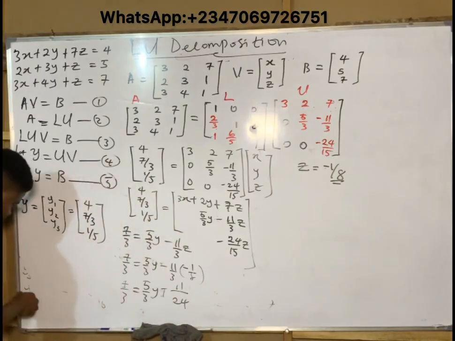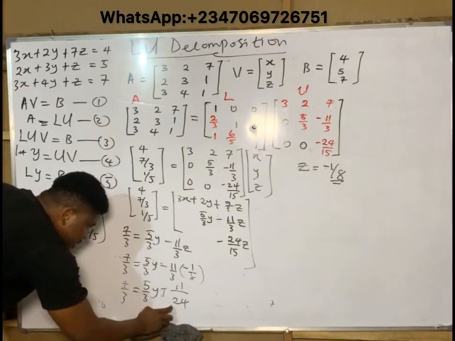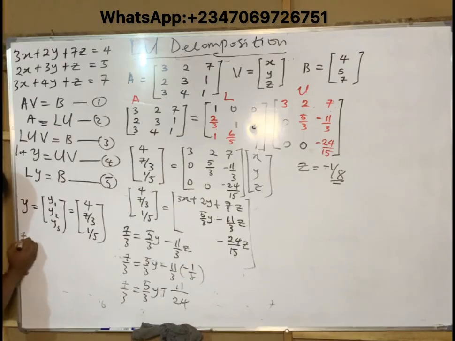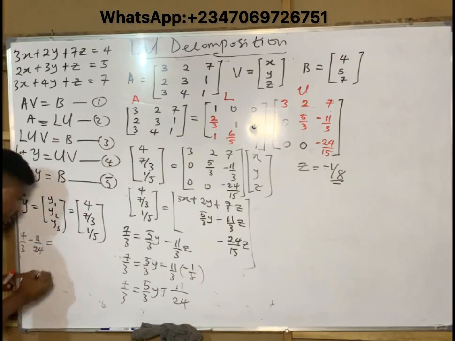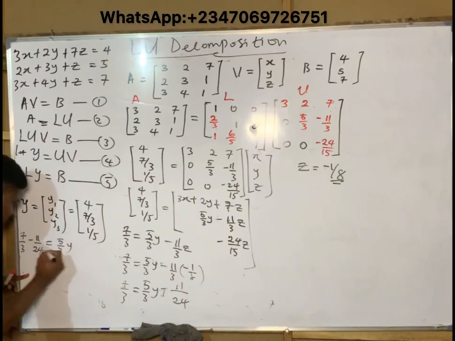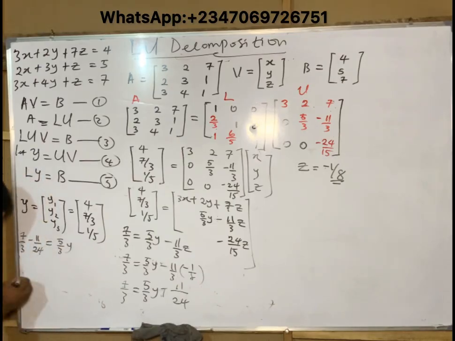So simply send 11 over 24 over to this side. So I have 7 over 3 minus 11 over 24 equal to 5 over 3y. Okay, the LCM here is 24. 3 goes into 24 is 8. 8 times 7 is 56.